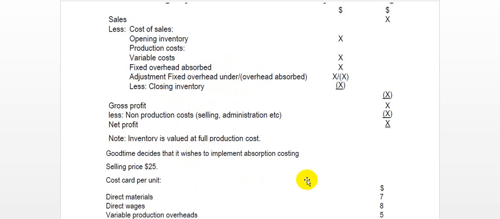So we're going to illustrate the differences in marginal costing and absorption costing. The same question we did, we also do it under absorption costing, so that you see how the profits differ depending on which method you have used.